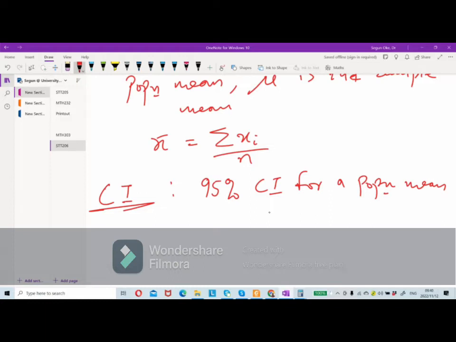So what is the formula to do that? X bar plus or minus Z alpha over 2 multiplied by standard error. When your N is greater than 30.